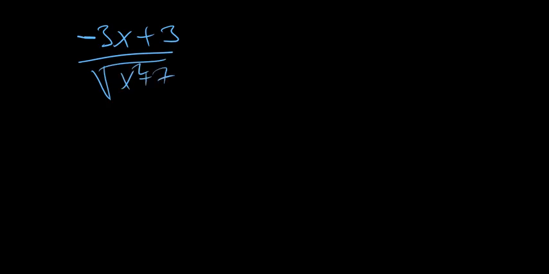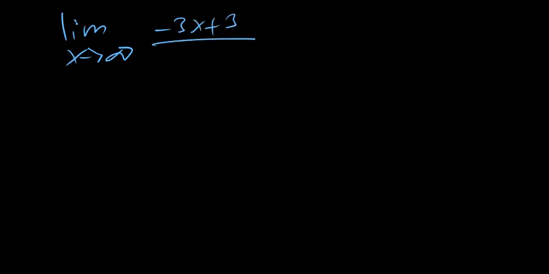The question is saying limit as x approaches what? Approaches infinity. Okay. So limit as x goes to infinity of negative 3x plus 3 over the square root of x squared plus 7.